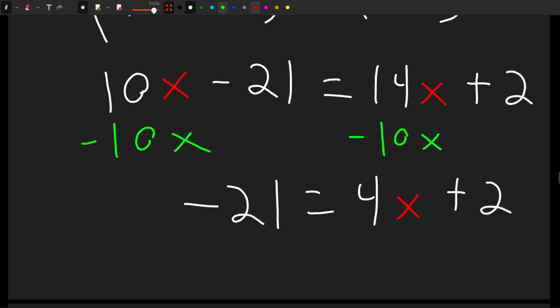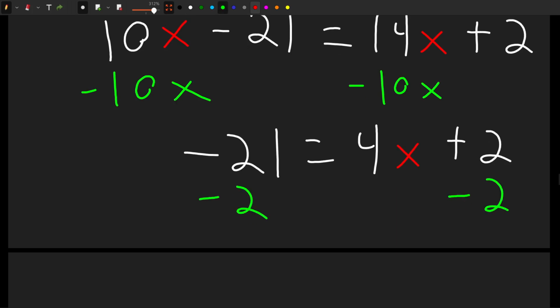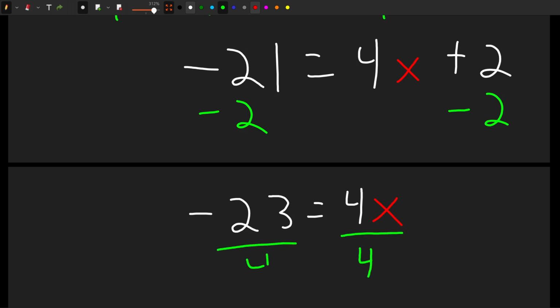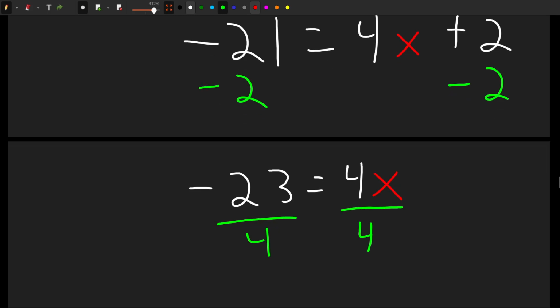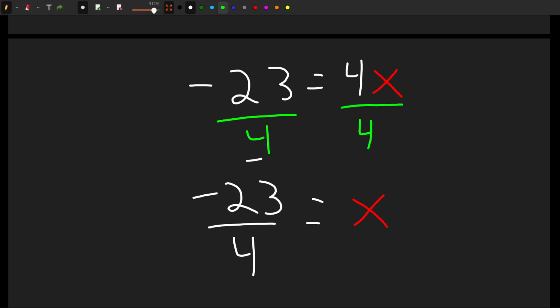Now I'm going to move my plus 2 to the left-hand side, so I'm going to subtract 2. And that means I'm going to be left with negative 23 is equal to 4x. Second to last thing I can do is divide by 4. And I'm going to have x is now equal to negative 23 over 4.